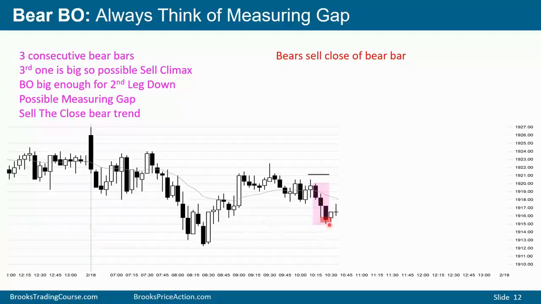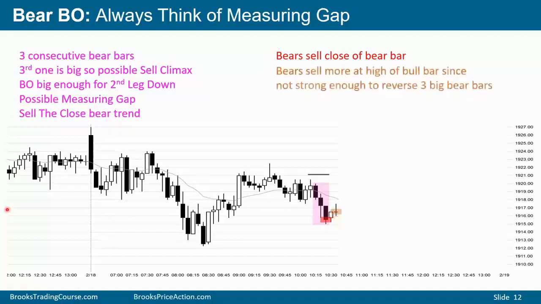Some traders will sell that strong bear close, especially since it's the 3rd bar down. Others will sell with a limit order at the high of this bar, or they'll sell this close and sell more 1 point higher, 2 points higher, stop above the top of the bear leg. Not that far above, just a little bit above. Bears selling this close, some might add on here. It's about 1 point above their original entry.